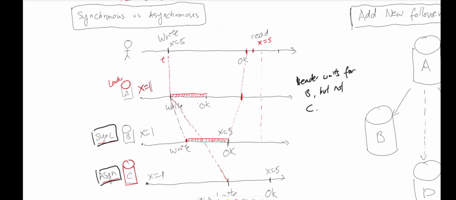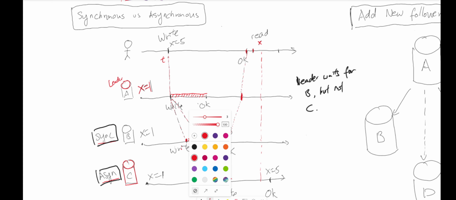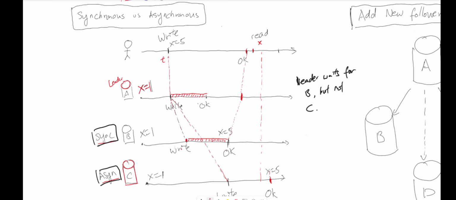So you can see what the consequences here are. Let's say read X lands instead of on A and B, it lands on C. And C has not yet finished updating, right? C finishes updating here, and it then tells A that it's finished.